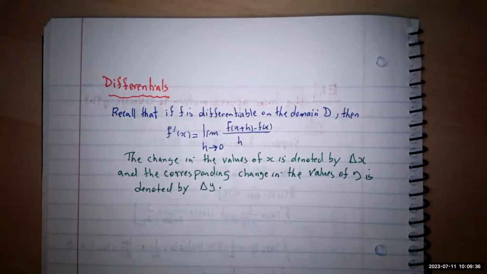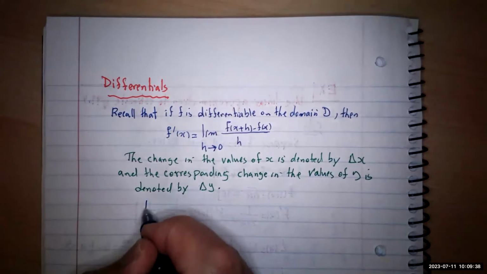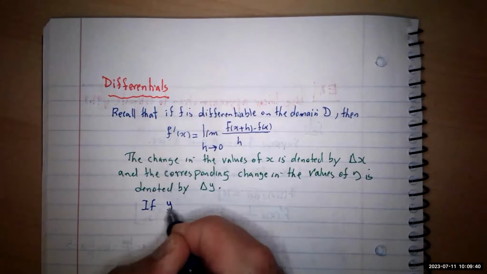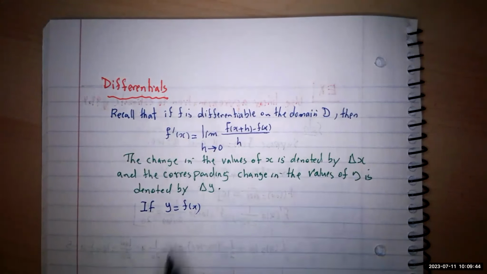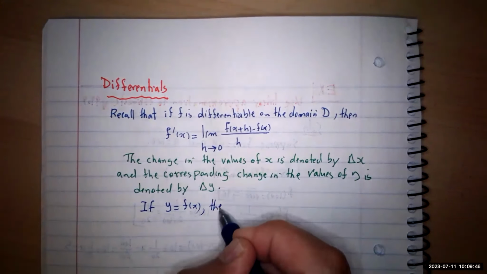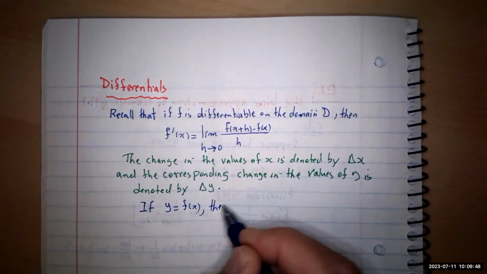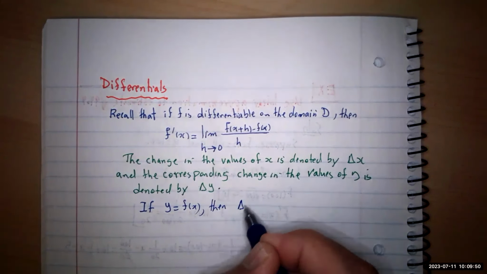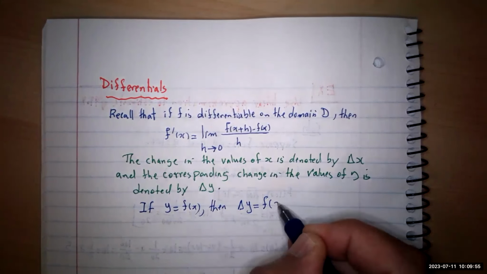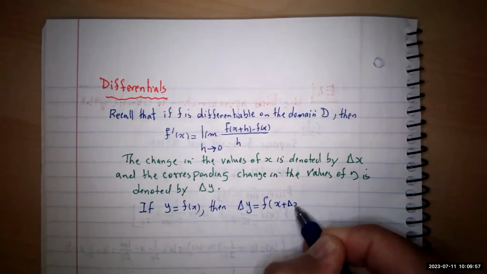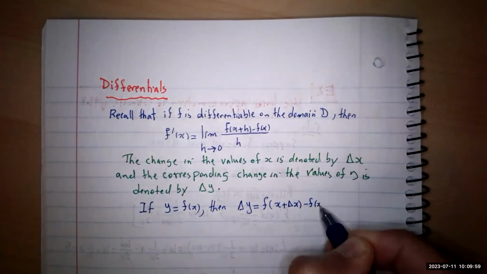So if y is equal to f of x, then the change in y is going to be f of x plus delta x minus f of x.